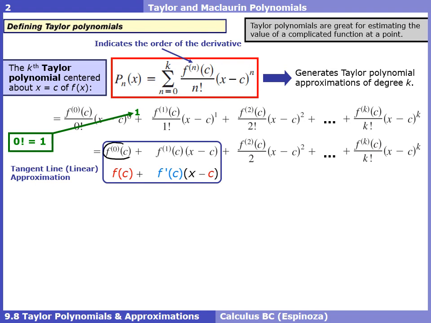The 0th derivative, remember, is another way of just saying, what is your y value, f of c? Again, this notation with the parentheses and the 1 is a first derivative, or we can write that as f prime. And then, of course, we have x minus c. And again, remember, this c value is the point in question that we're trying to approximate. So don't be thrown off by that c.